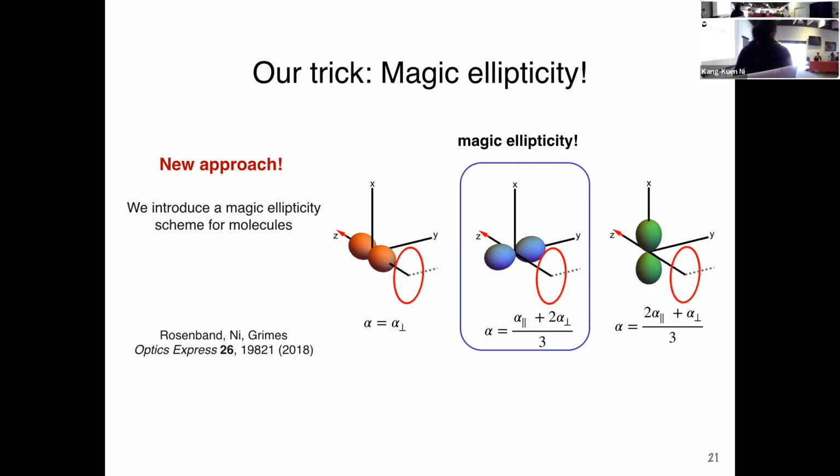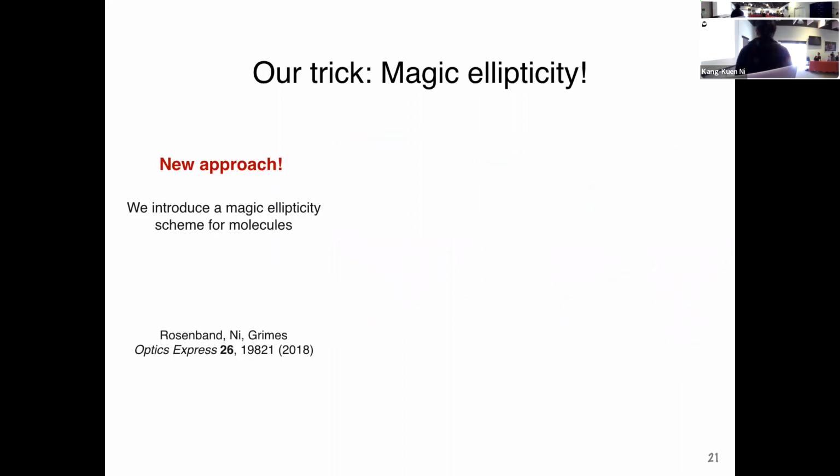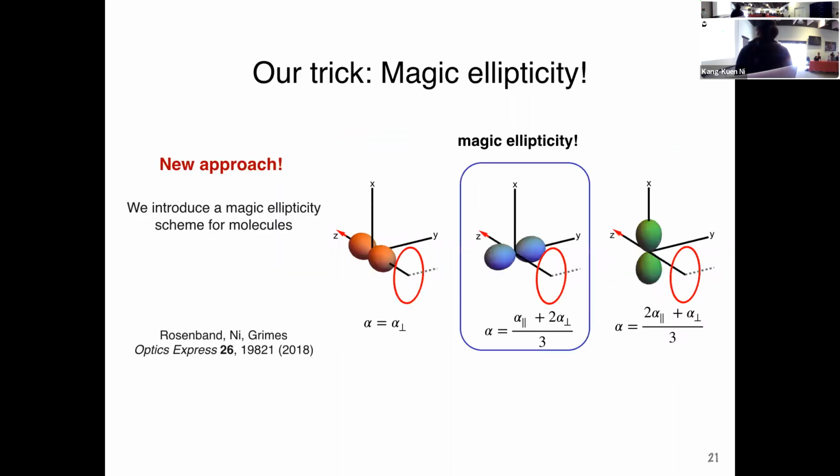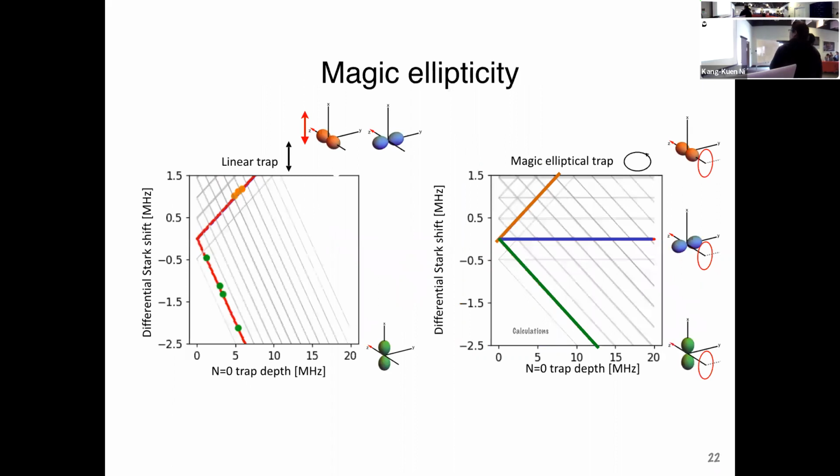This will be flipping between the alpha parallel and the alpha perpendicular, so it's not the right mix. But in the middle, this one will allow us to have the same polarizability as the ground state with this combination of parallel and perpendicular, and therefore this should allow us to null the differential light shift.